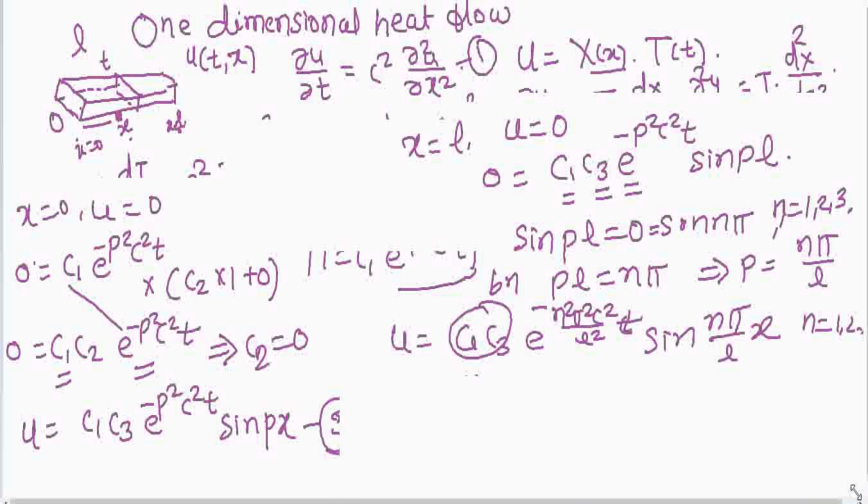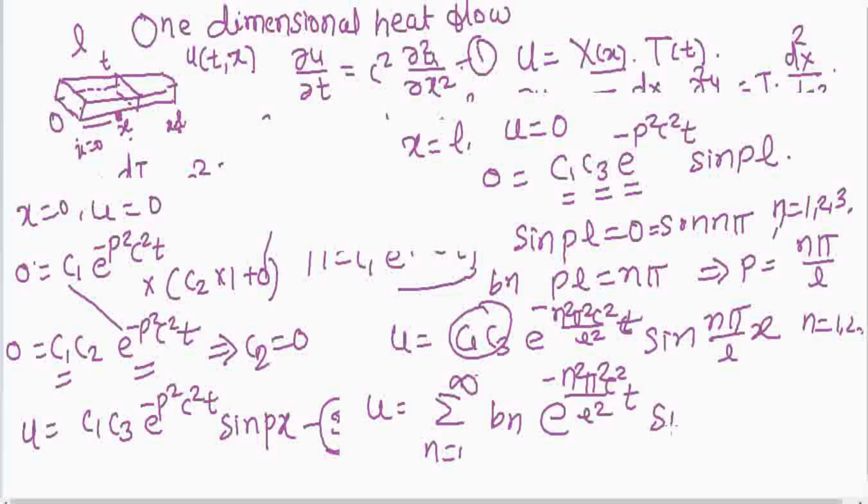So we write this solution as u equal to summation n equal to 1 to infinity of Bn into e raised to minus n square pi square c square divided by L square into t into sine of n pi divided by L into x. This is the general solution of the one dimensional heat equation.